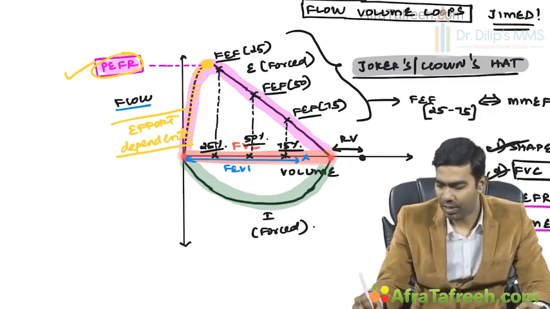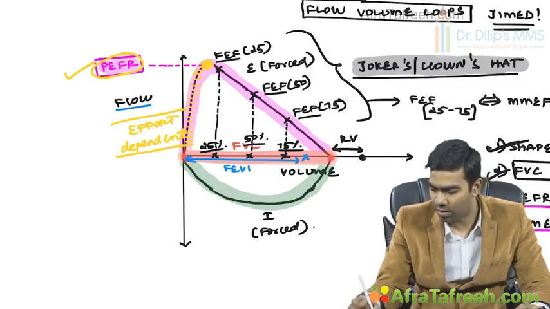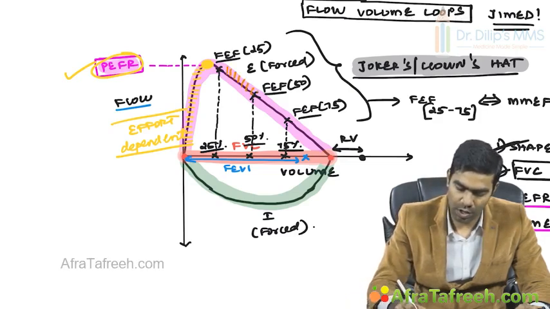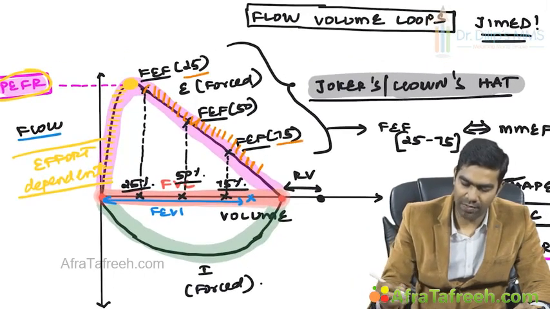At the same time, this portion of the curve, you can call it the effort independent portion of the curve. Clear? So this portion, in the flow volume loop, I can call the FEF 25 to 75 region.